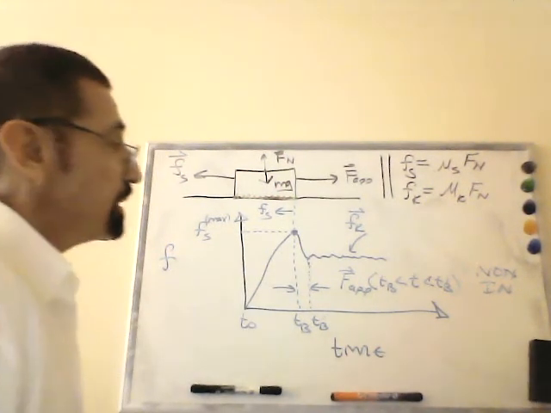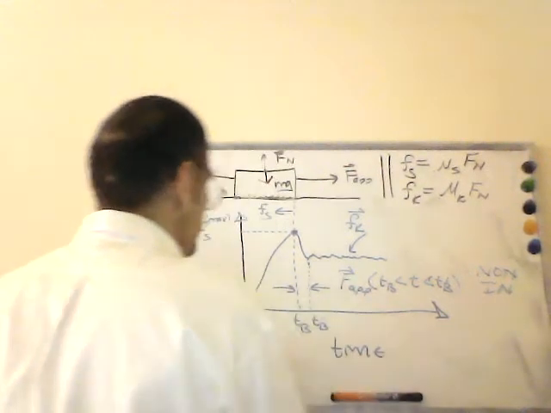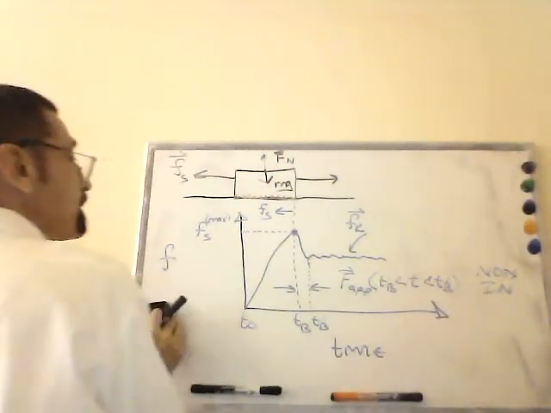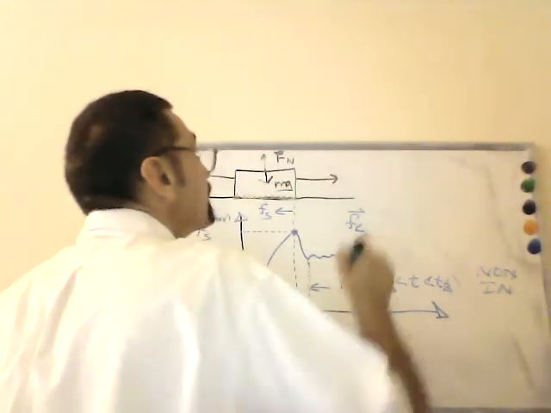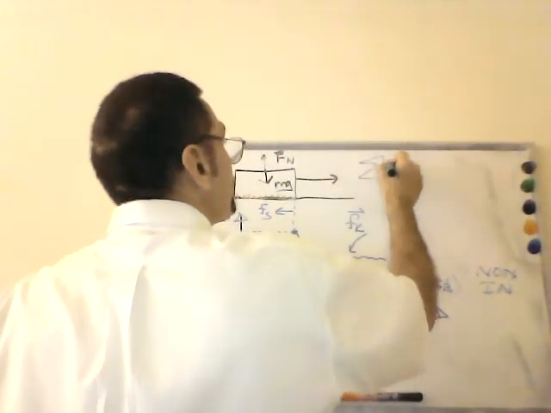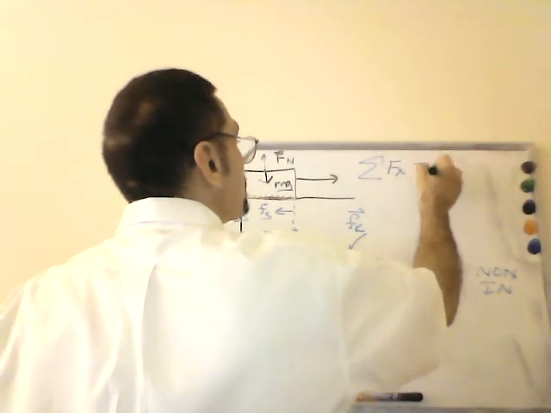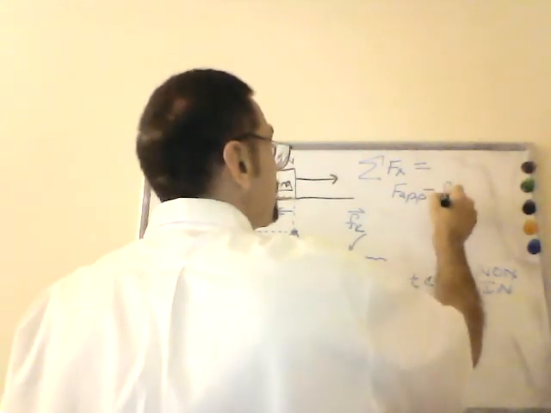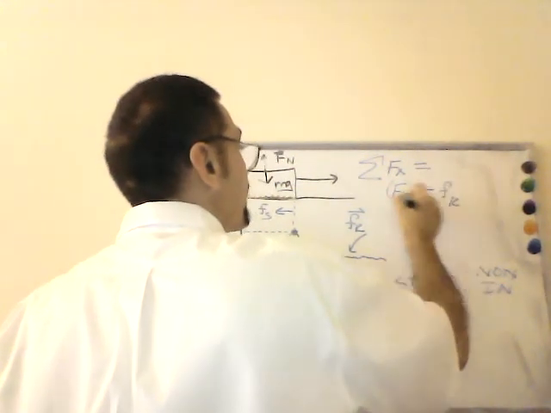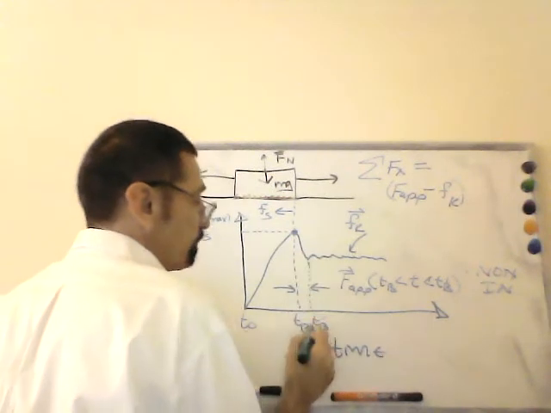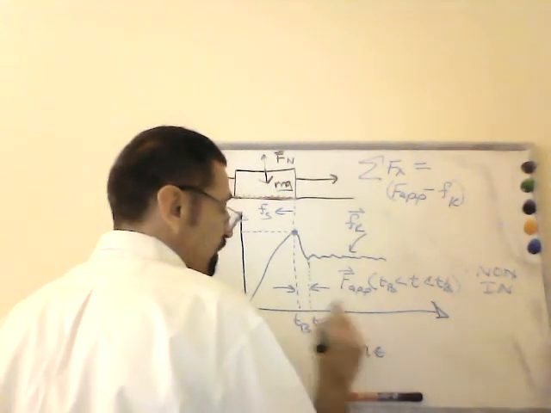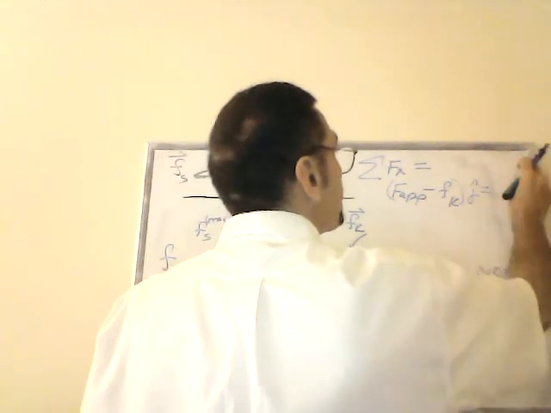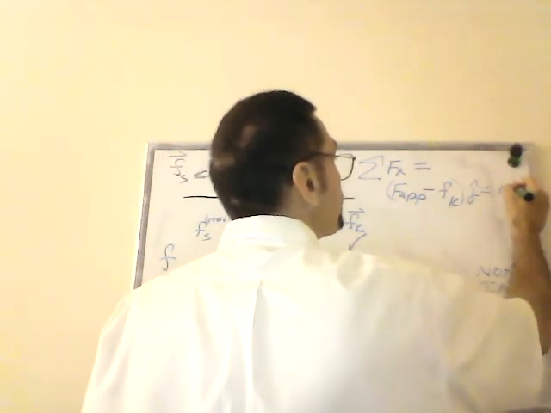And to the right here, this will depend on whether the applied force remains greater than the frictional force or not. So returning back to Newton's laws, the sum of the forces in the x direction gave us F applied minus Fk, for T greater than TB prime, and this is ma.